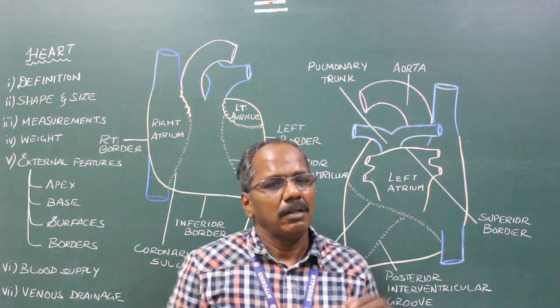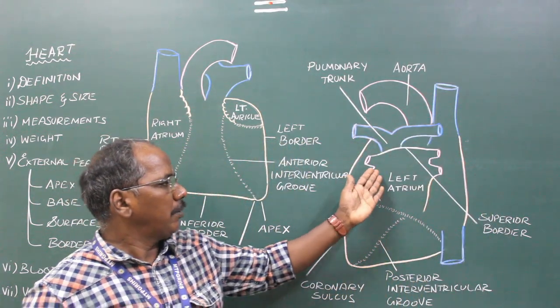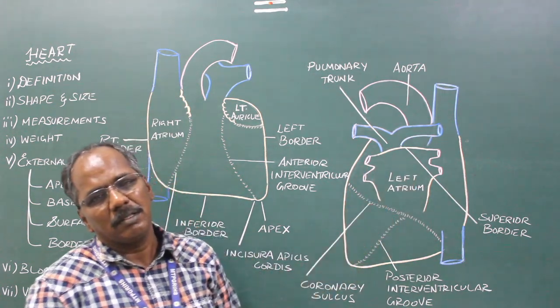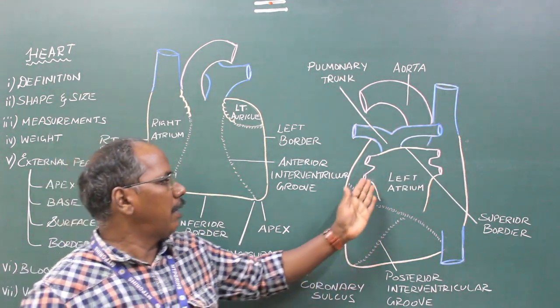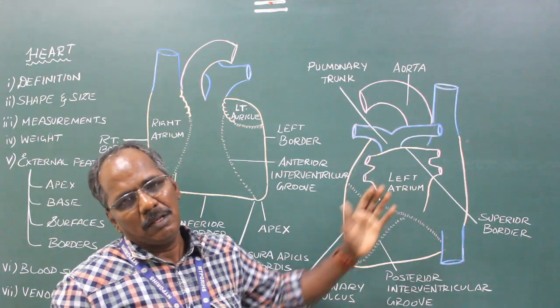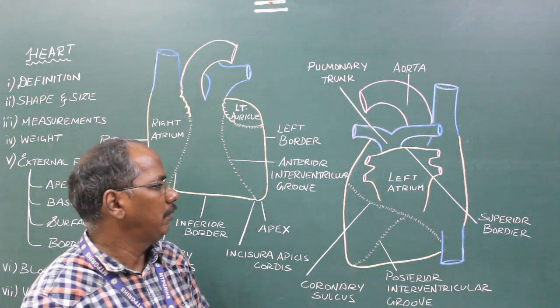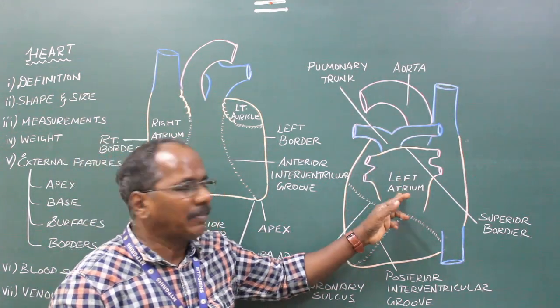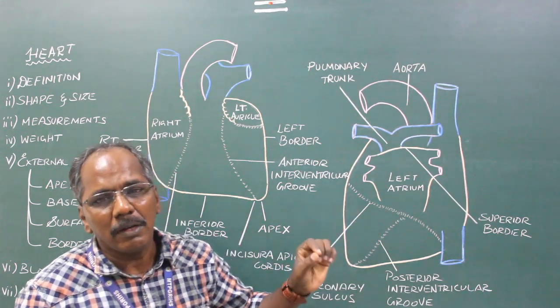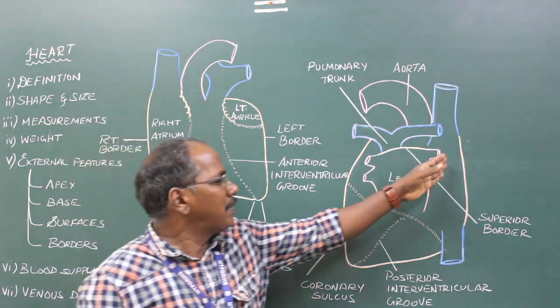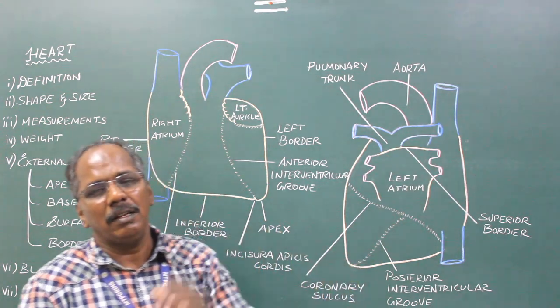Base, or posterior surface. 2/3 of the base is formed by posterior surface of left atrium and 1/3 of the base is formed by posterior surface of right atrium.